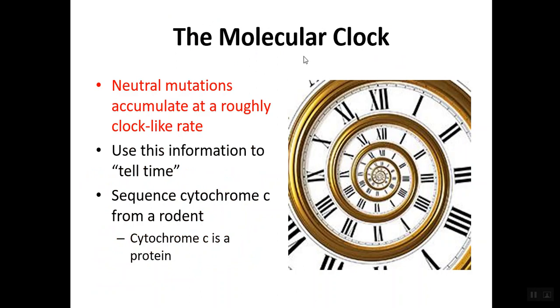It has been observed by scientists that neutral mutations accumulate at a roughly clock-like rate. So basically, we can look at neutral mutations to understand the time of split of two lineages, of two groups, of two species.